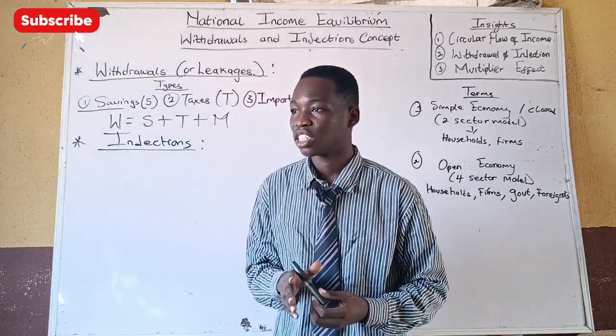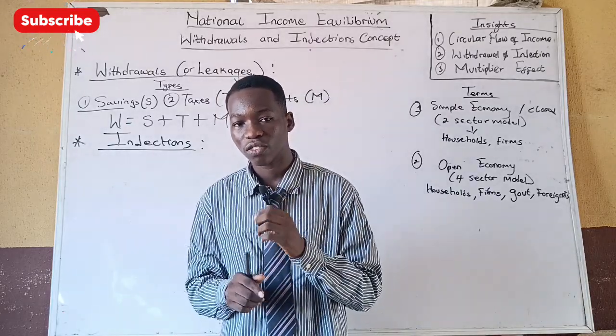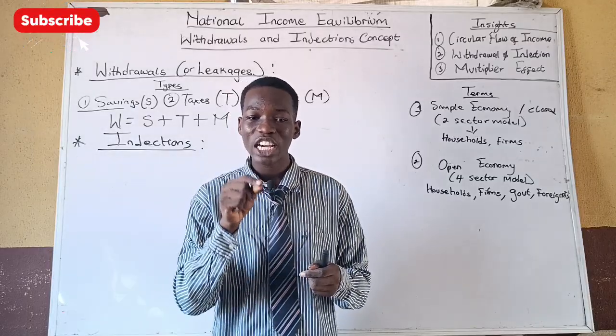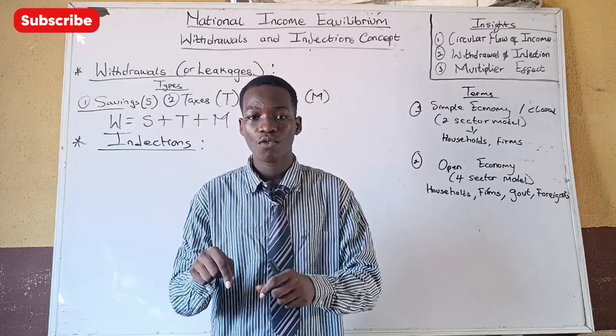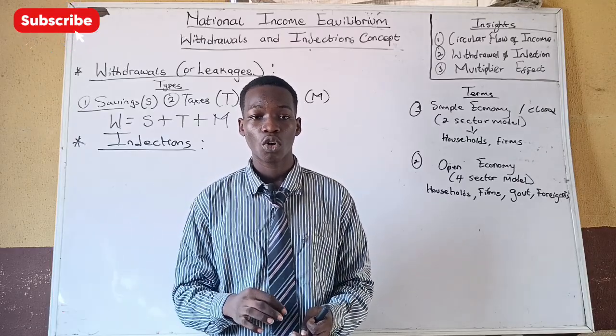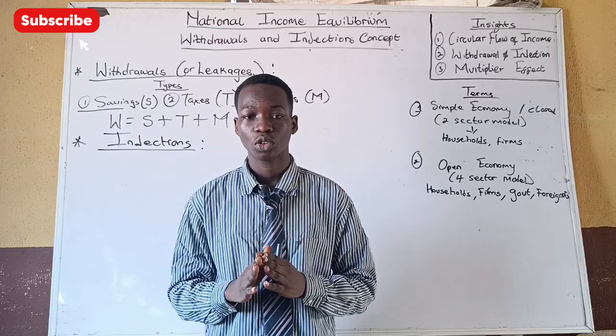So this is what I'm trying to say. But firstly, let me give you the definition. You can put the definition in two ways, by saying that it is the additional spending in the circular flow of income not originated from household consumption.